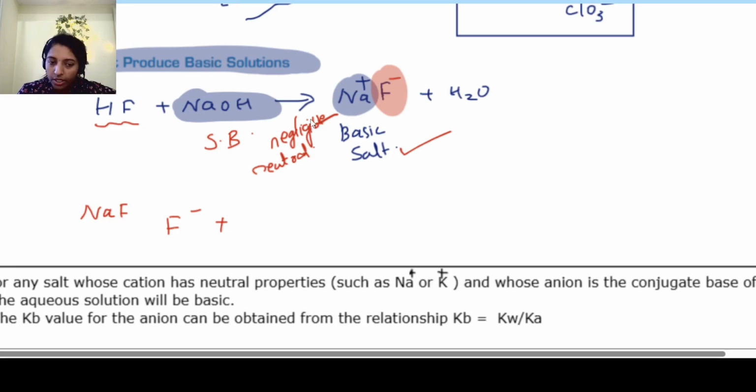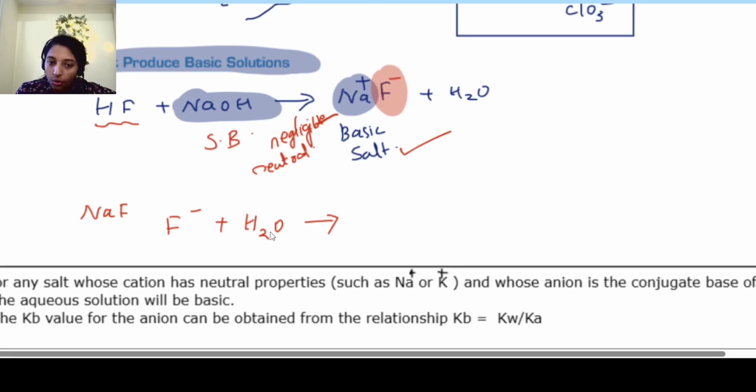So how do you write the F− reaction? The base dissociation equation. It's a base, so you need to show the reaction which takes H+, because we know that base means accepting H+ and acid means donating H+. So for F− you write H2O. Why am I taking H2O?